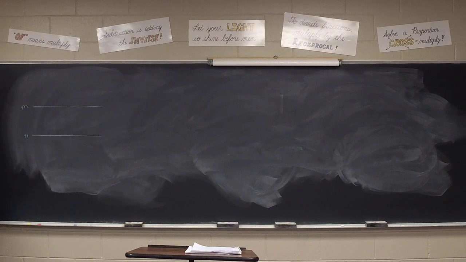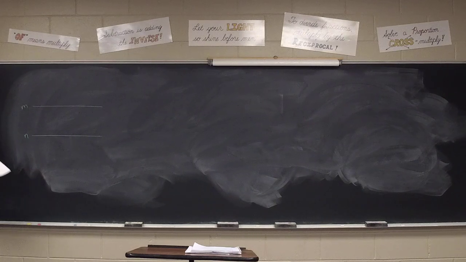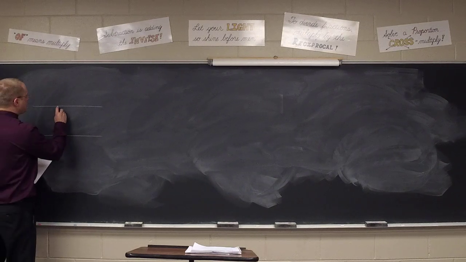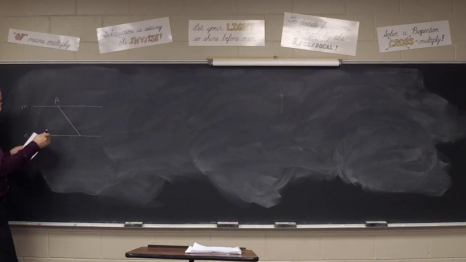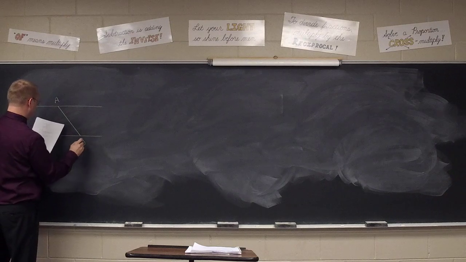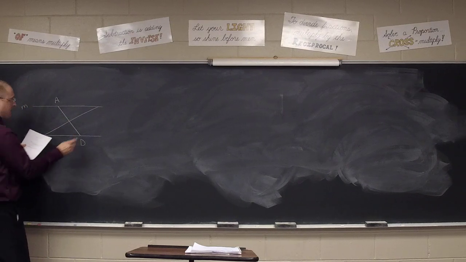Like alternate interiors, alternate exteriors, corresponding angles. I'm going to get some equal angles. That's kind of the gist of it. When you see parallel lines, you should be thinking, I'm going to have some equal angles here. And so we have these two parallels, M and N. We had a transversal AD. We had what appears to be a longer transversal BC.